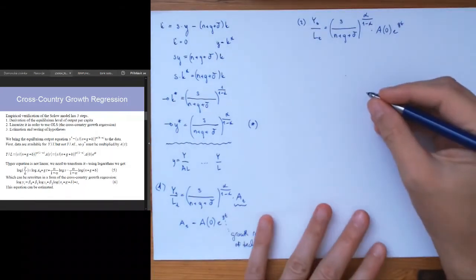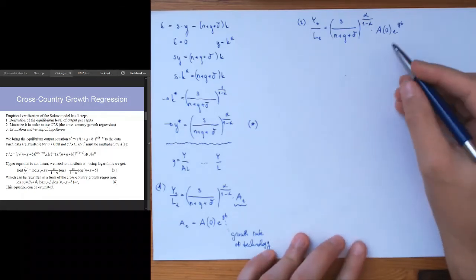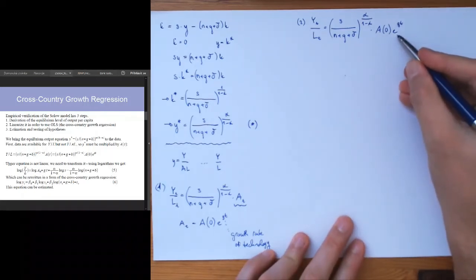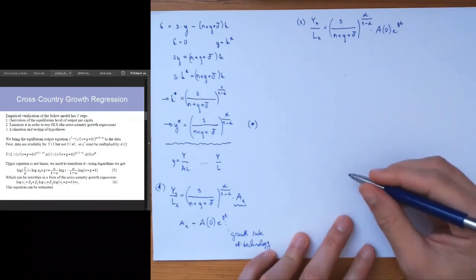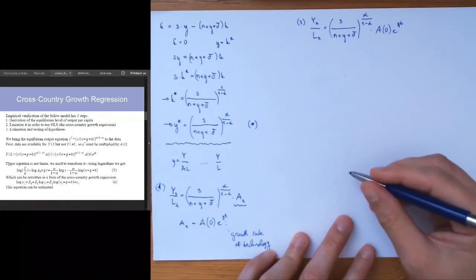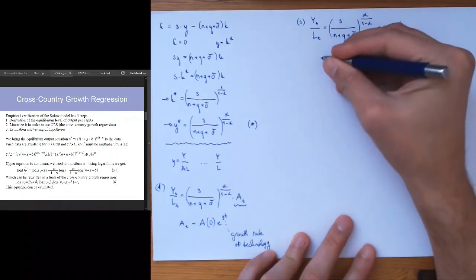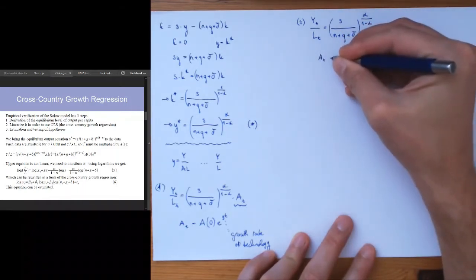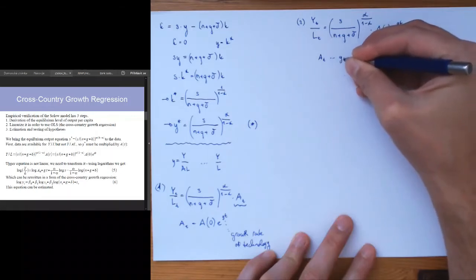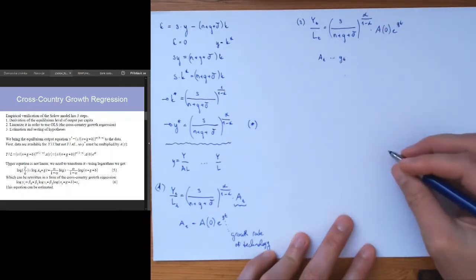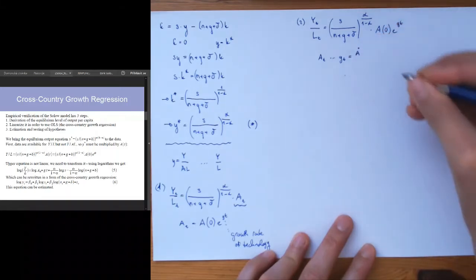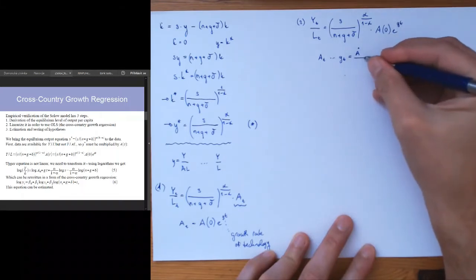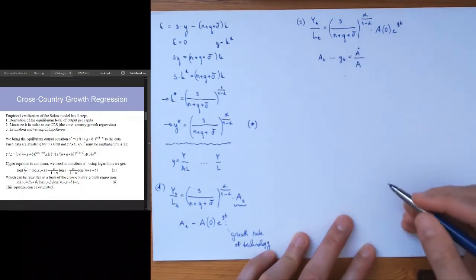You might now ask where this expression A0 times e to the power of gt came from. So let me briefly explain. We can assume that our technology A(t) has some growth rate g(t), and we can express the growth rate as the change in technology over the technology itself.